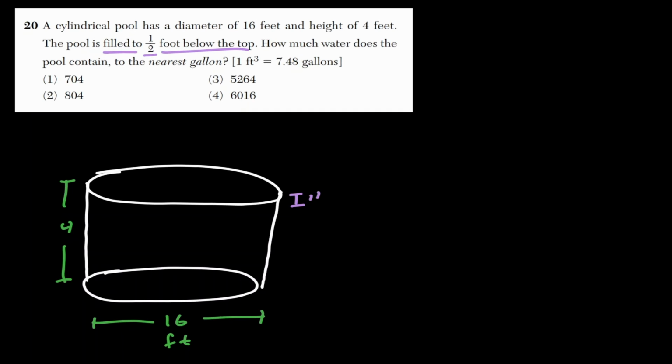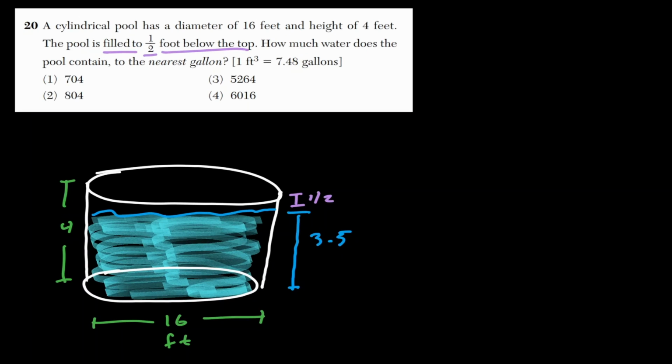If we subtract 1/2 foot from the top, and knowing that the whole height was 4, then it's fair to say that the height that we will fill the pool is going to be 3.5. So at 3.5, this is where we're going to find the water within this pool.